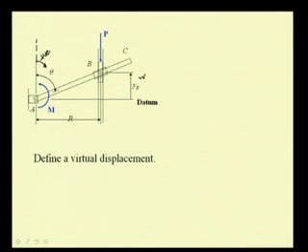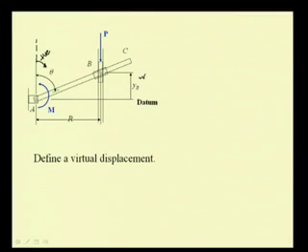That means, when this block B moves in the positive y direction, we say that it is undergoing a positive virtual displacement, and if this link takes the positive motion in this direction, we call it a positive virtual displacement.